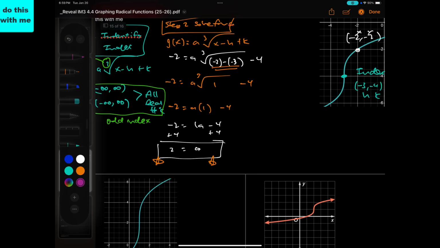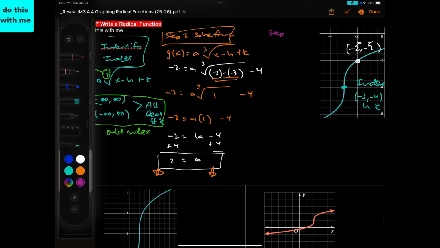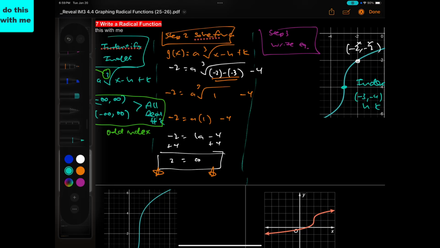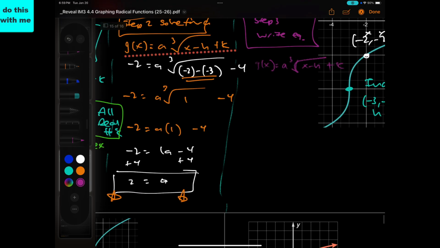Okay, step 3 is now to write our equation. And to do that, let's go ahead and just rewrite your formula. This time I'm going to keep the x's and y's, and I'm just going to substitute the other stuff.